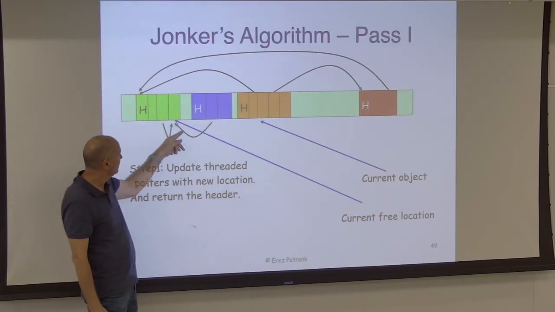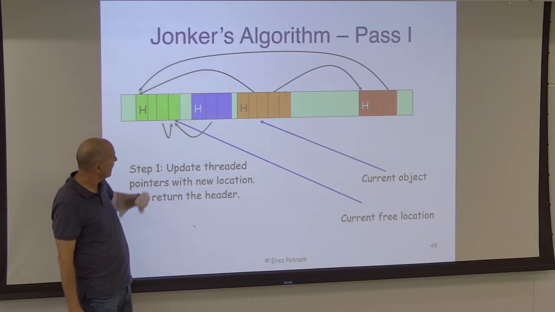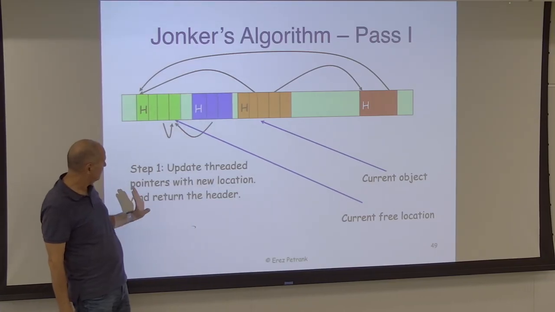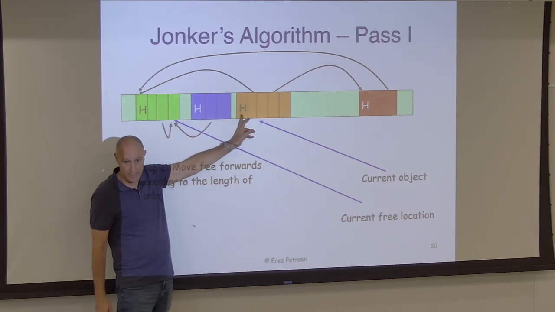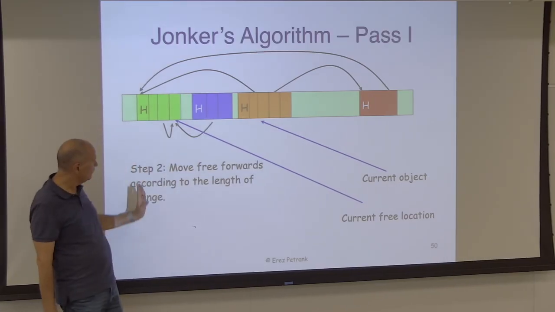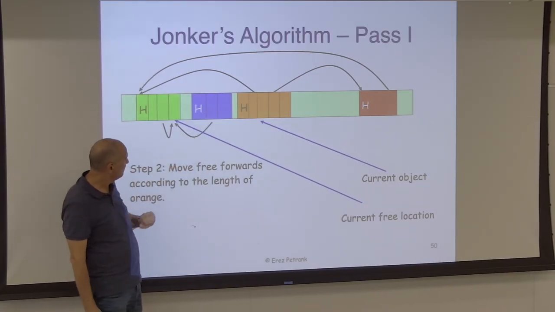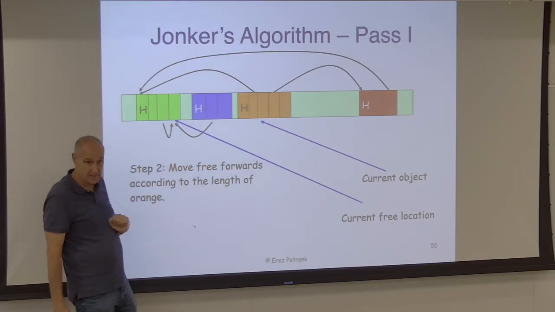So I update, so I do that. These two fields now point to where the orange object is going to move. And I return the header to its place. And now I move the free pointer to leave space for the orange one, and then I will know where the red is moving.